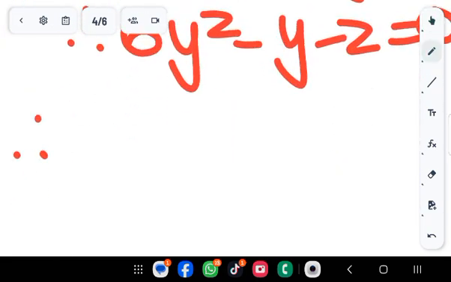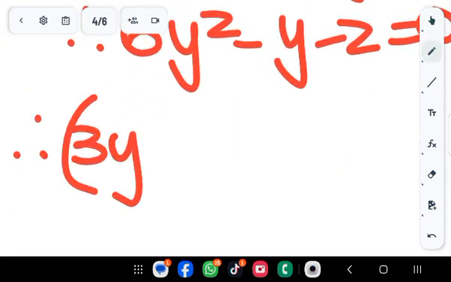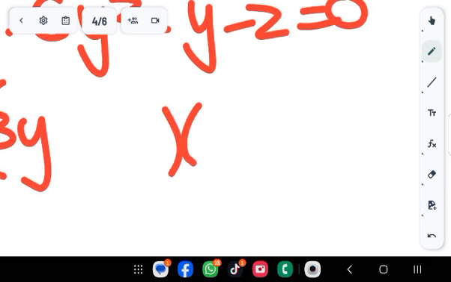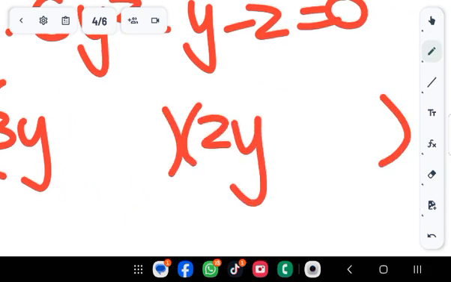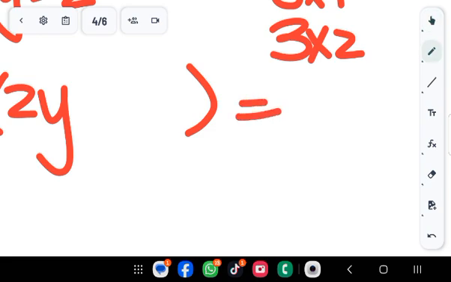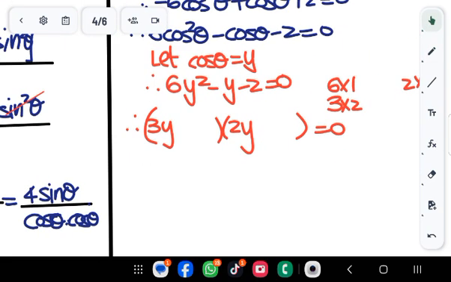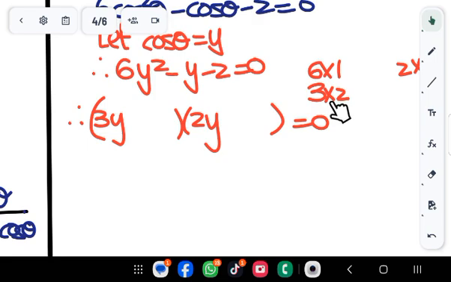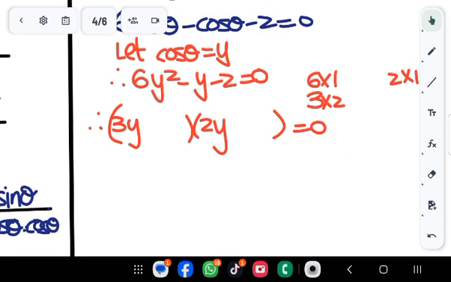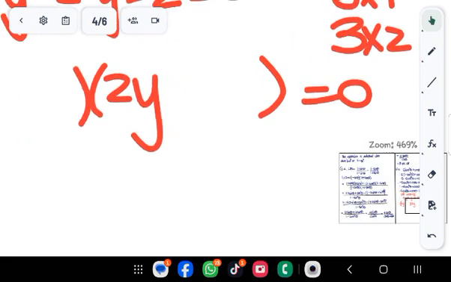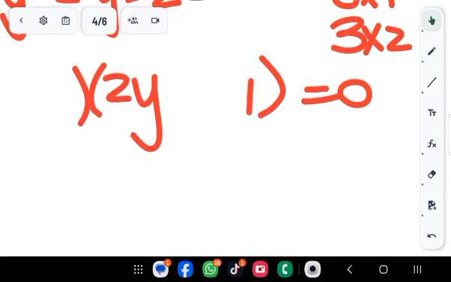So we're going to go 3y times 2y. Now, where do we put the 2? Where do we put the 1? Easy peasy. We can put 3 times 1 and 2 times 2.